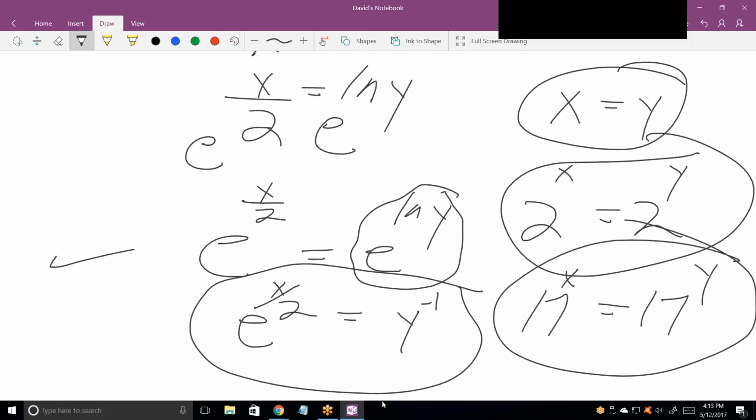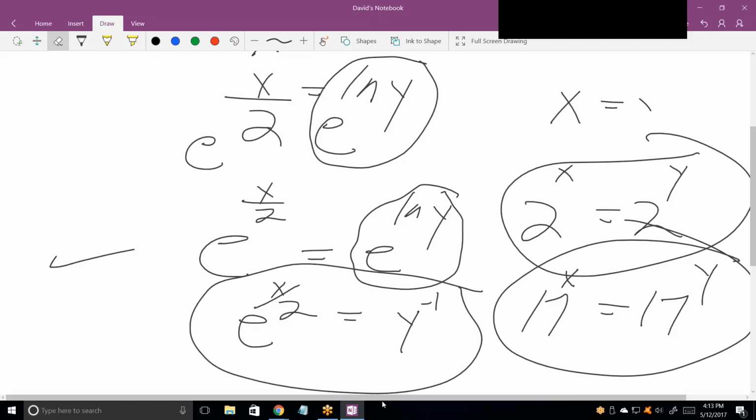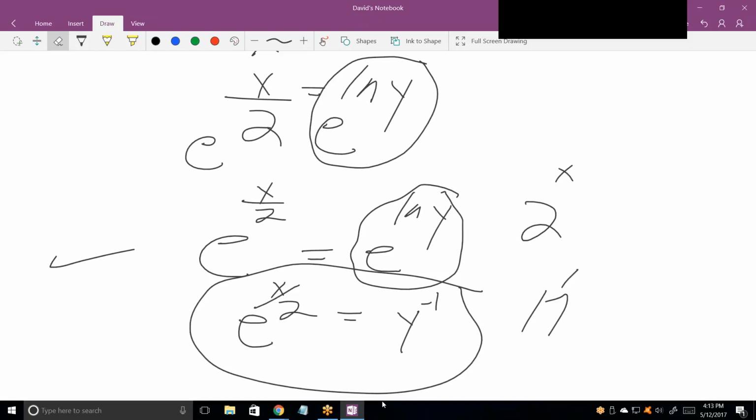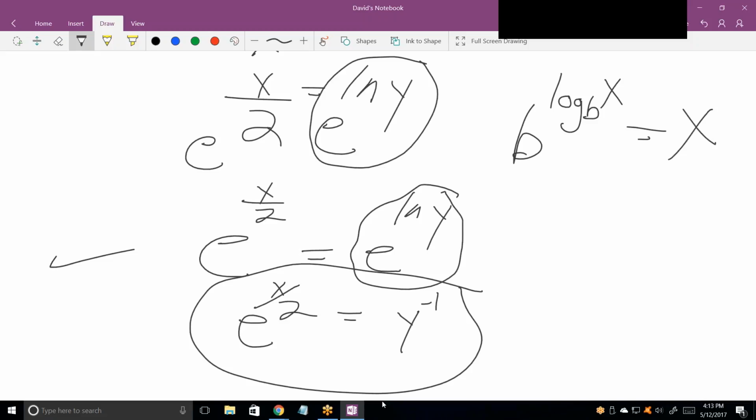And the reason I want to make this the exponent of e is because that turns into y. And the reason it does is another one of those log rules. Let's talk about that for a moment. If I have b to the log base b of x, that's always equal to x.